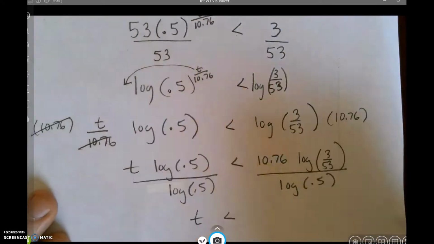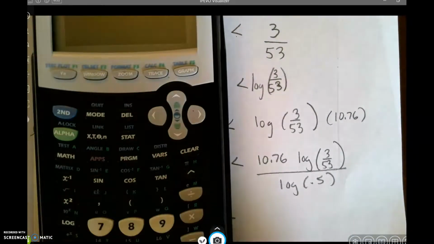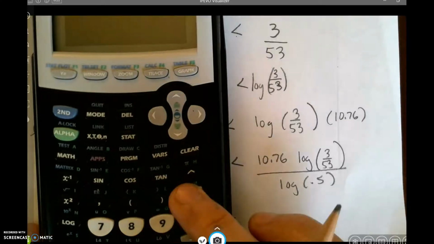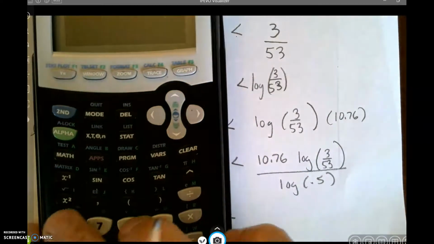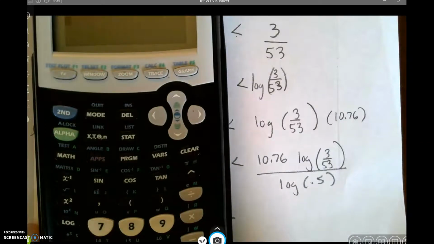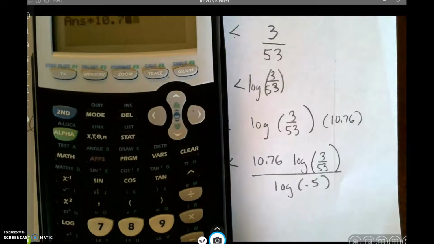So t has to be less than, let's see what it has to be less than. Let's first start with the log of 3 divided by 53. Multiply that by 10.76.